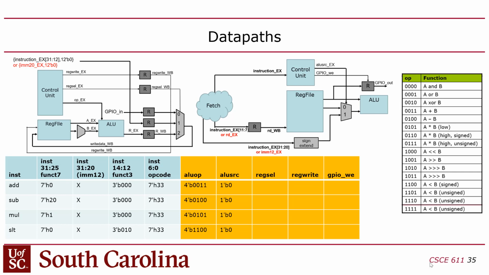So Reg Select should always be 2 for all these. So I'll just fill in 2, 2, 2. Reg Write just controls whether you write the register. All these write the register, they all output their result to the register file, so that should always be 1. And GPIO write enable, none of these are IO instructions, so that should all be 0 as well.